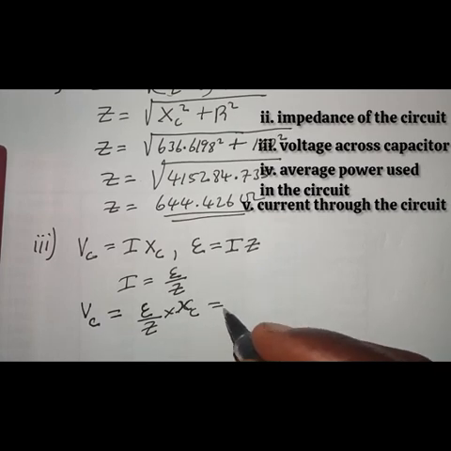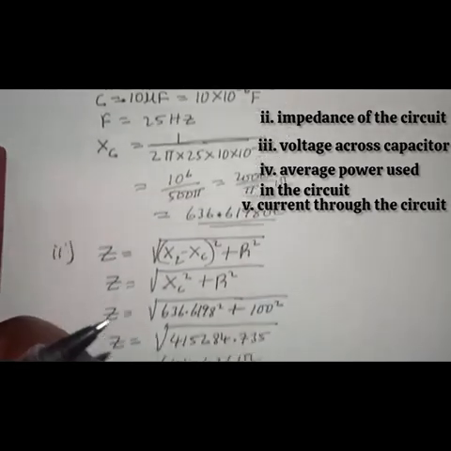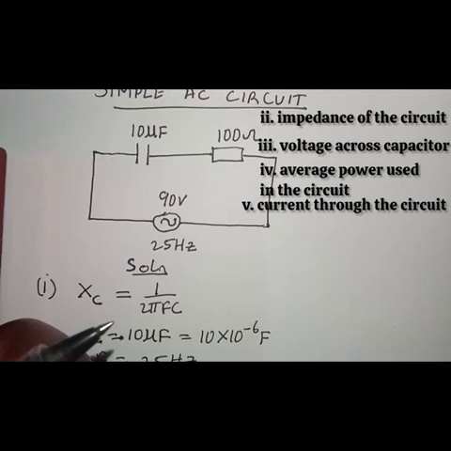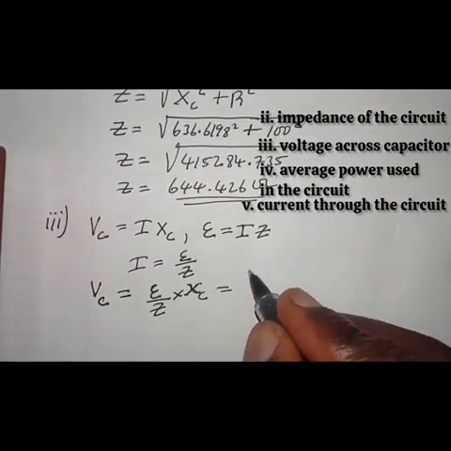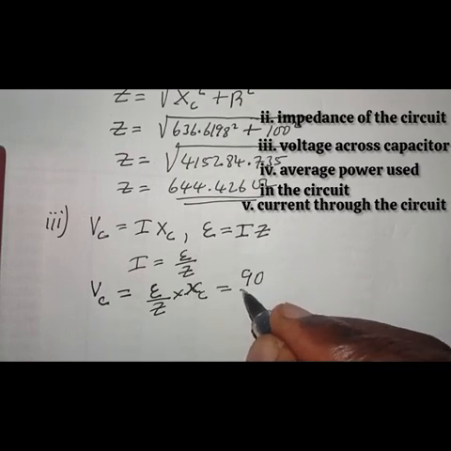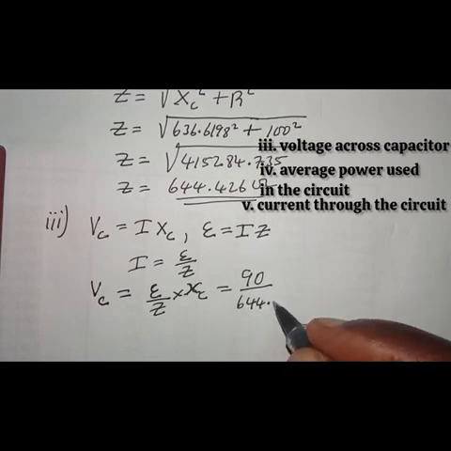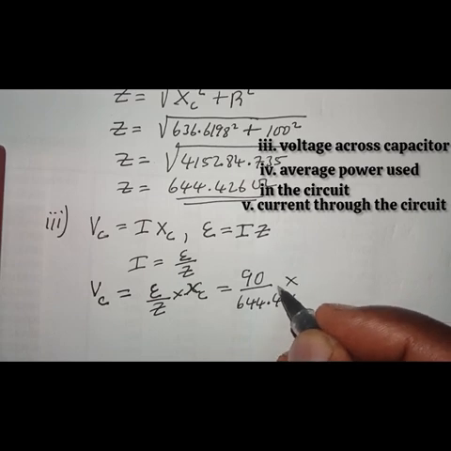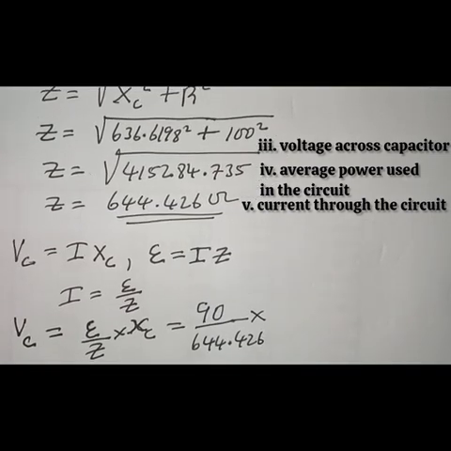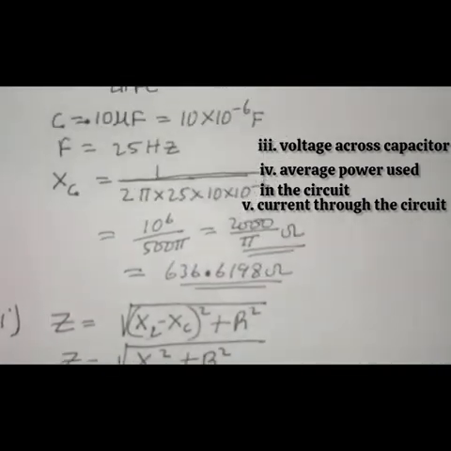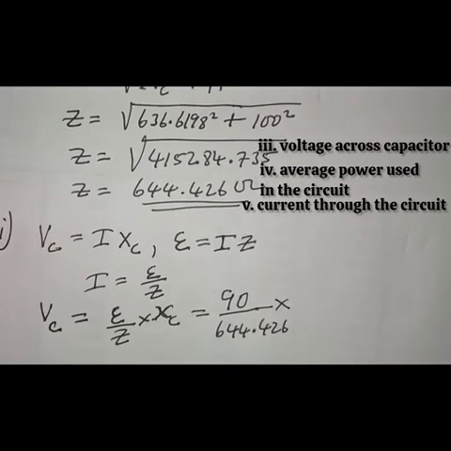Our EMF was given, as we can see in the circuit diagram, as 90 volts. So putting it here, we're going to have 90 all over the impedance, which was gotten as 644.426, times the capacitive reactance, which was gotten earlier as 636.6198.